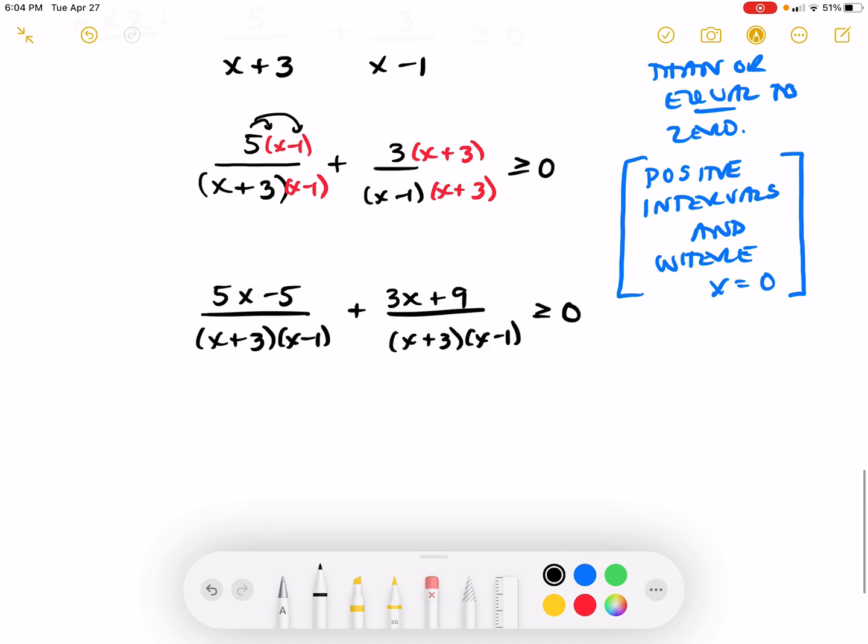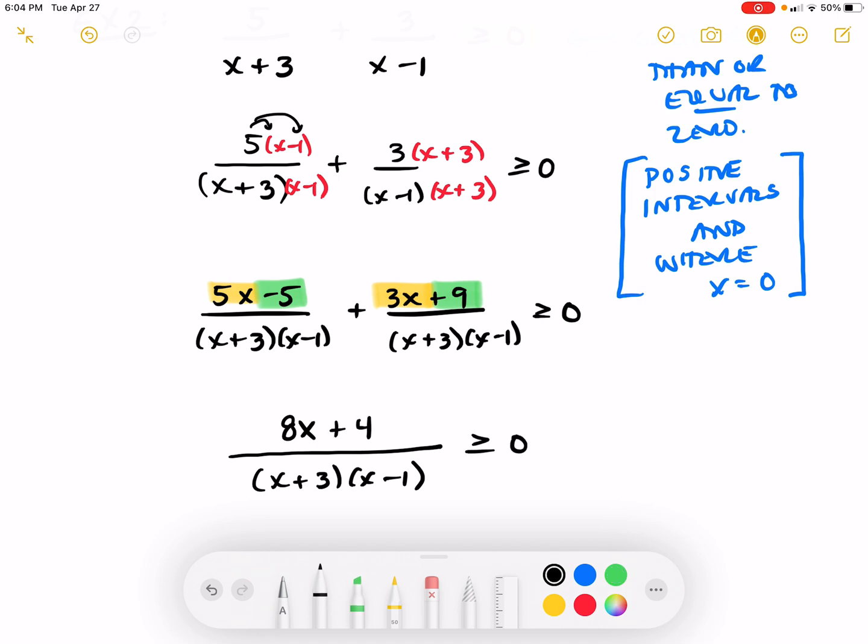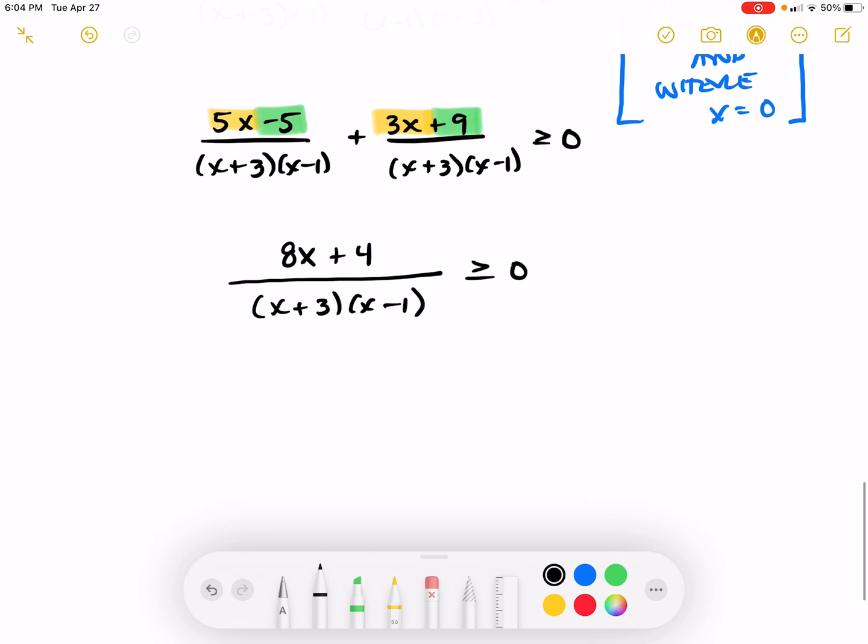And again, the point of the problem is to condense this to a single fraction with a common denominator where we can simplify the like terms. 5x plus 3x is going to give us 8x, and then we get that negative 5 plus 9 is going to be plus 4. All right, so there is our numerator and our denominator.